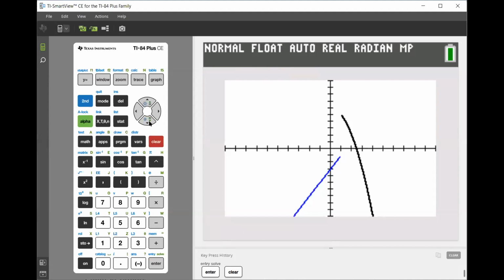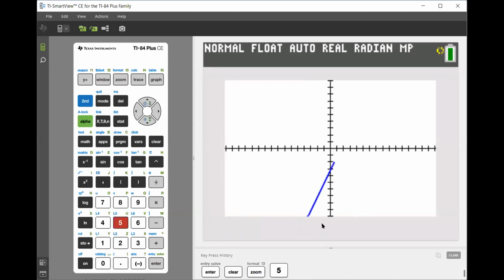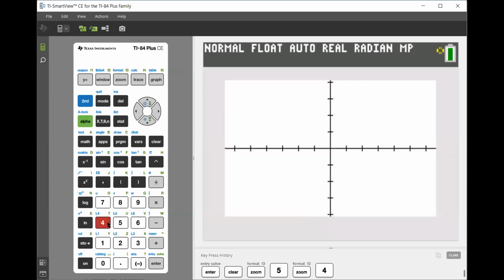Now I know some tricks of the trade. I'm going to put this in a square window. Let me see if that still doesn't show up. So boo on that. Let me try zoom decimal. Okay, there it is. I don't know if you see that little tiny red point.